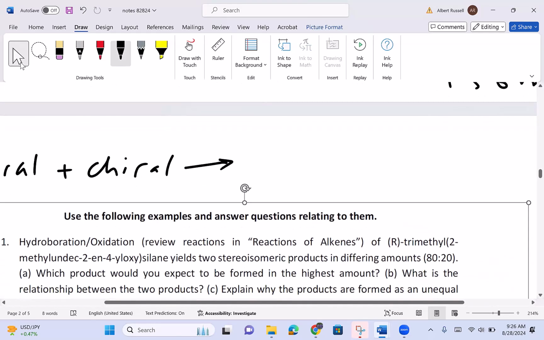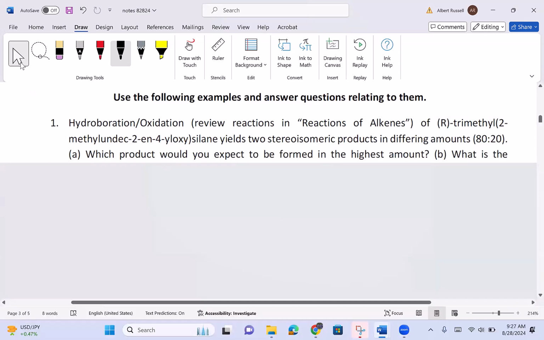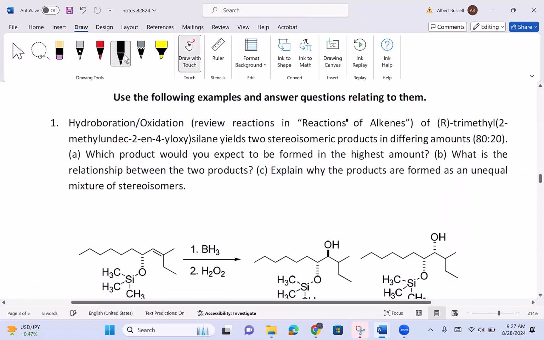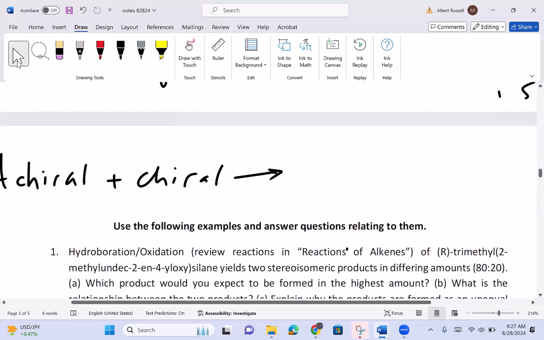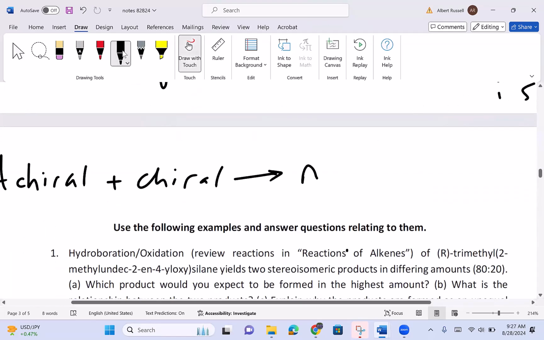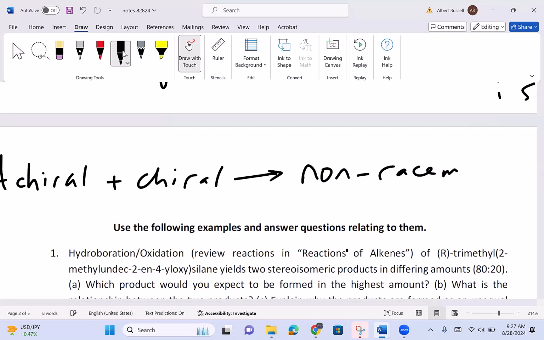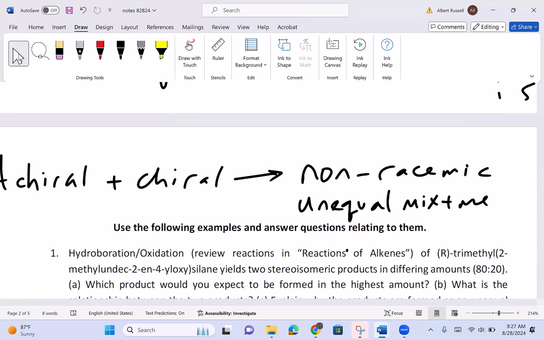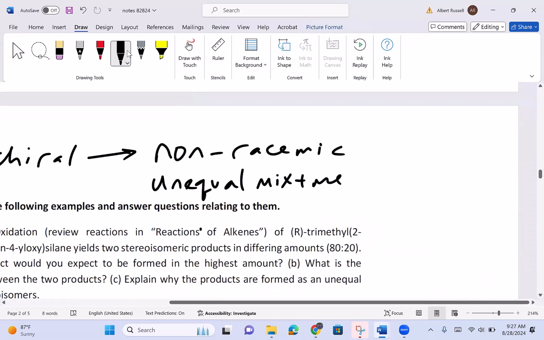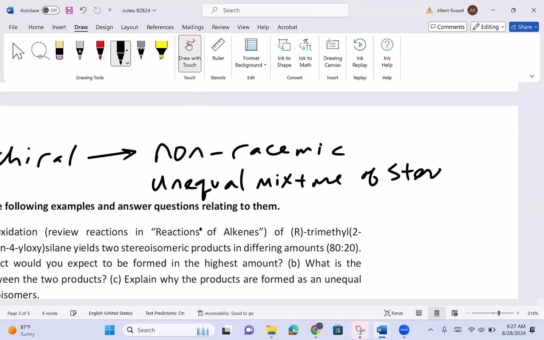Okay, good. So it will come out as non-racemic. That's excellent. Or another way to say that is an unequal mixture. Now it's not just a mixture of anything, it's an unequal mixture of stereoisomers.